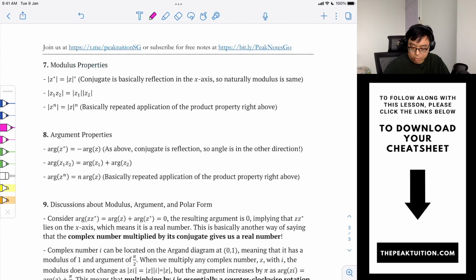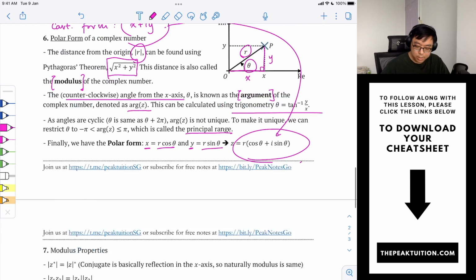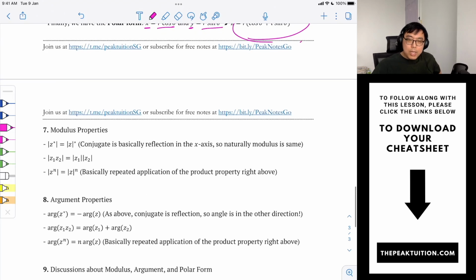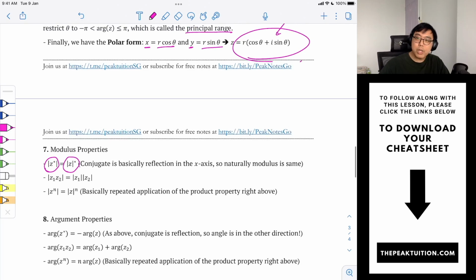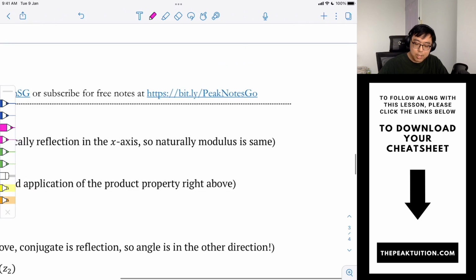Okay, before we move on to any other forms, we briefly talk about the modulus, since we use the modulus here. We know that the modulus of a conjugate equals the modulus of the complex number itself. This is because if we plot the conjugate in the Argand diagram, we essentially just get a reflection in the x-axis.